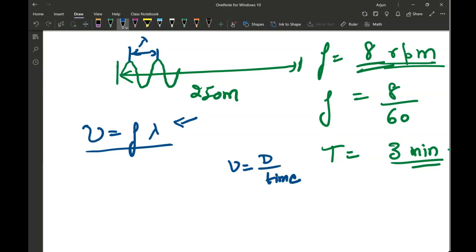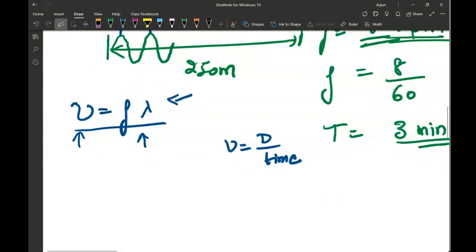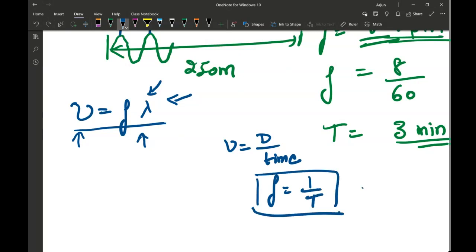Now we're going to use speed equal to frequency times lambda. If you carefully see these two formulas, they are literally the same thing. The idea is the same. Distance is the wavelength, and frequency is 1 upon time. Again, if you go to chapter number 7, you'll find it there. Frequency is 1 upon time.